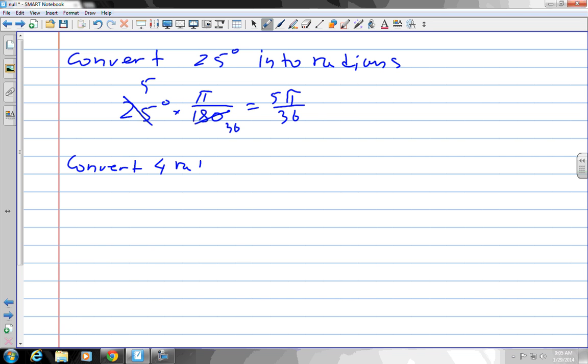To go backwards, convert 4 radians into degrees. So you'll have to go 4 times what? 180 over pi.